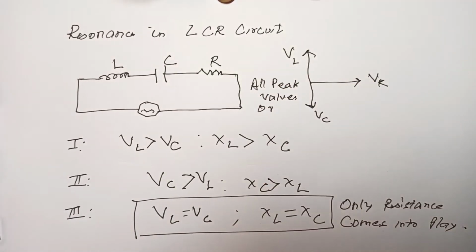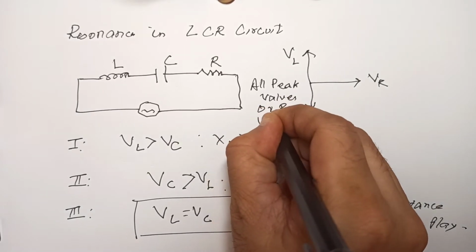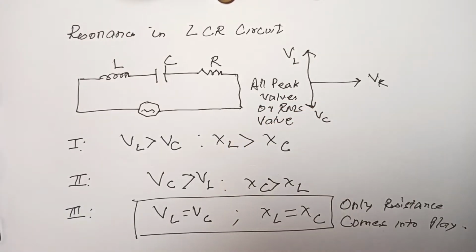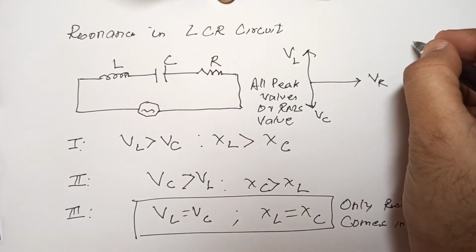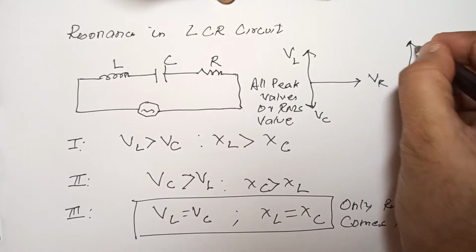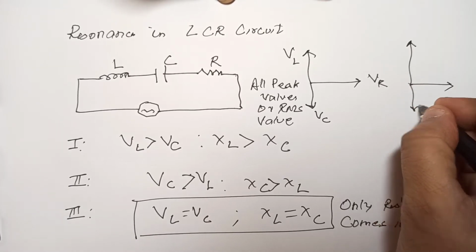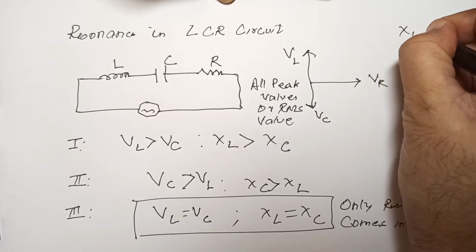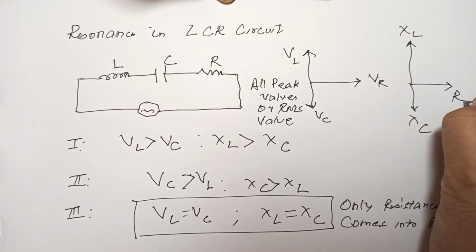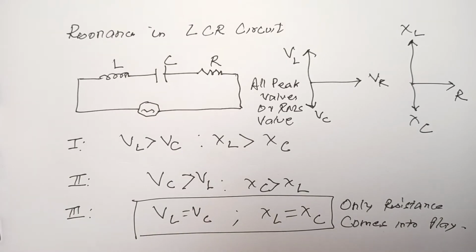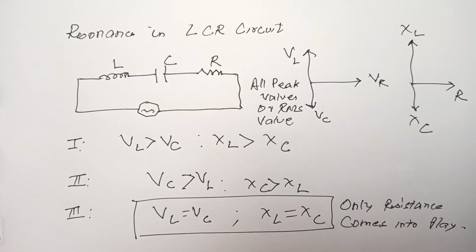or RMS values. Also this can be represented in this way, as XL, XC and R. So in the third case this is equal to this is equal to this.